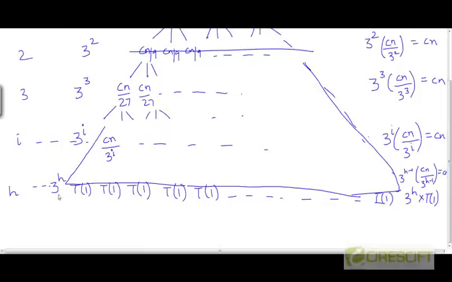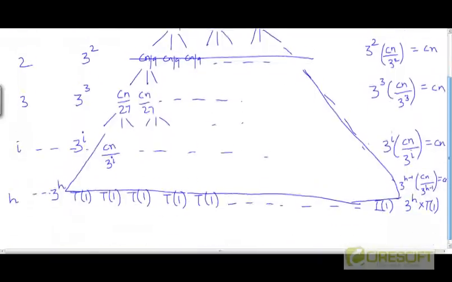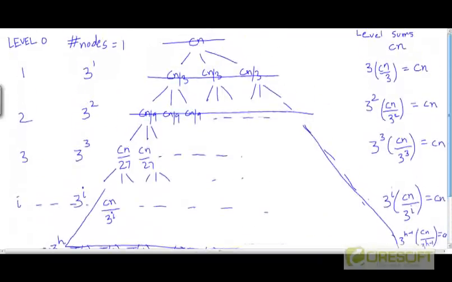Now, what is the value of h? What is the height of this tree in terms of n, the size of the subproblem? Well, if you look at this path over here, you can look at any path, but let's just focus on this path. The size of the subproblem is reducing by a factor of 3 at every successive level.